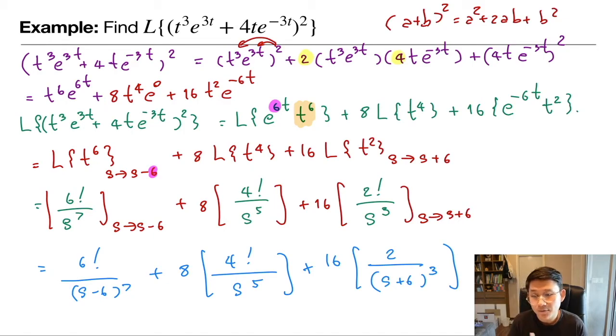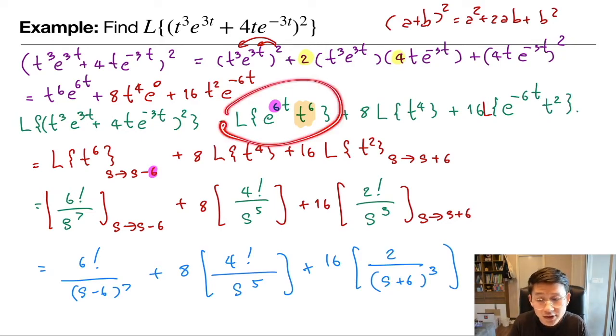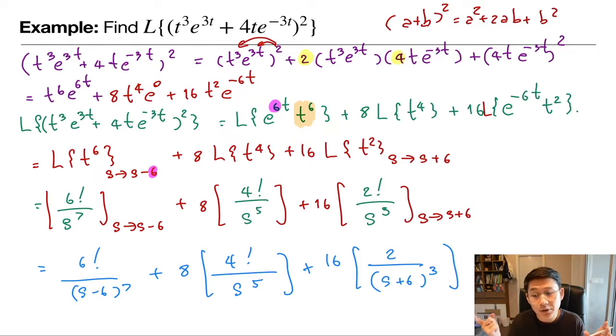Oops, sorry, I forgot the Laplace transform, I forgot the L. So just apply the Laplace transform for the L of e to the 6t, t to the 6. For that one you need to use the theorem, the technique, which is to take the Laplace transform of t to the 6, and then you shift from s to s minus 6, which is s minus a.